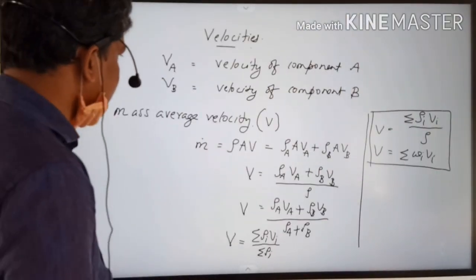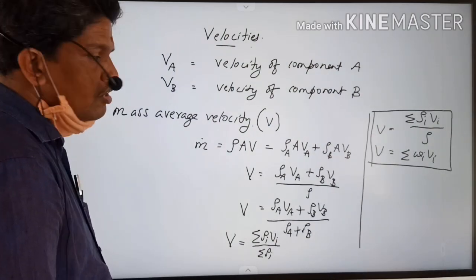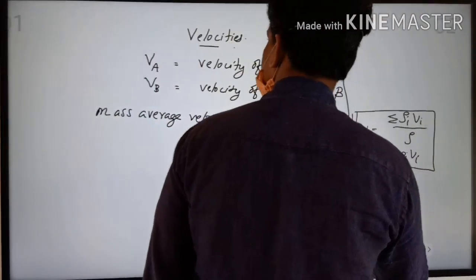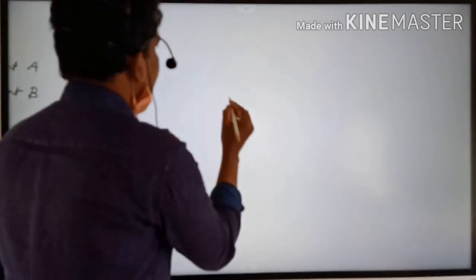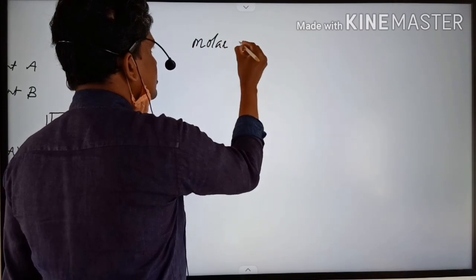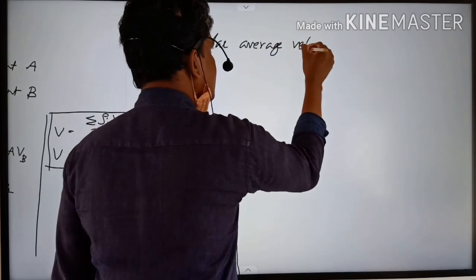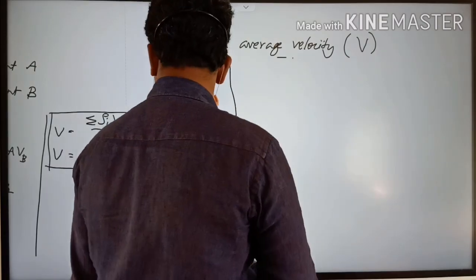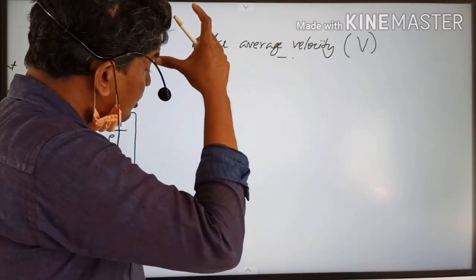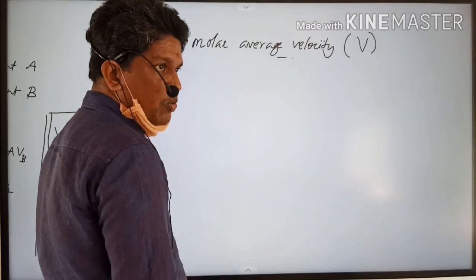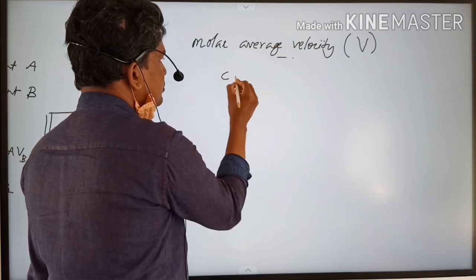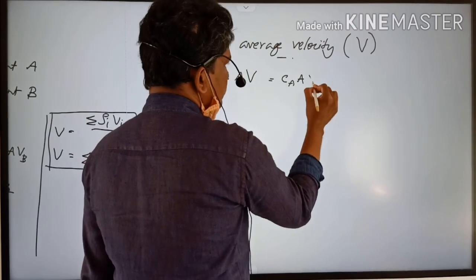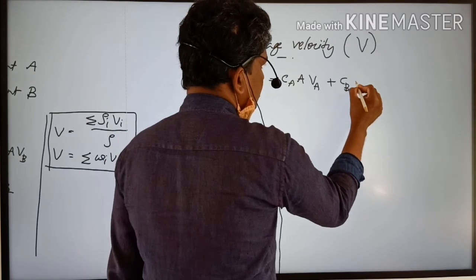Similarly, the average velocity of the mixture can be expressed on a molar basis, the molar average velocity, which is denoted by capital V. Similarly, you can write the flow in terms of moles: C A V is equal to CA VA plus CB VB.